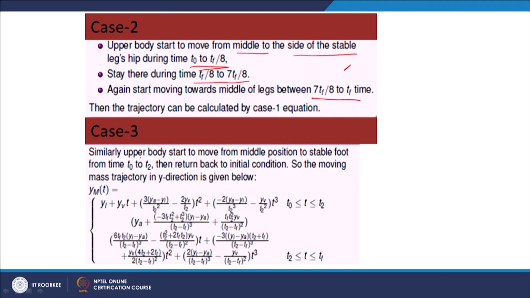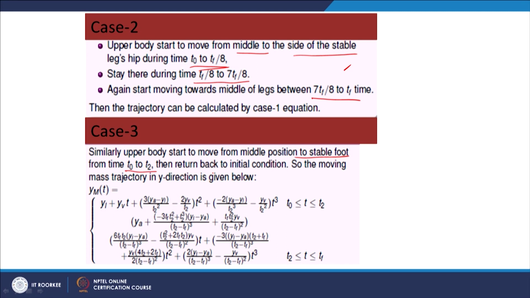The third case is the upper body starts to move from the middle position to the stable foot side, again in the same manner during the time T0 to T2. So, it moves a bit slowly, half of the time it travels from the middle to one side, that is the stable leg side, and immediately returns back to the middle of the hip position.